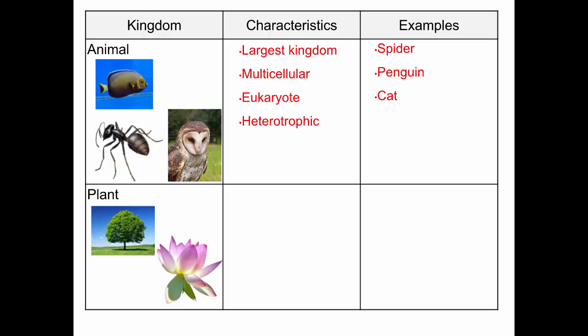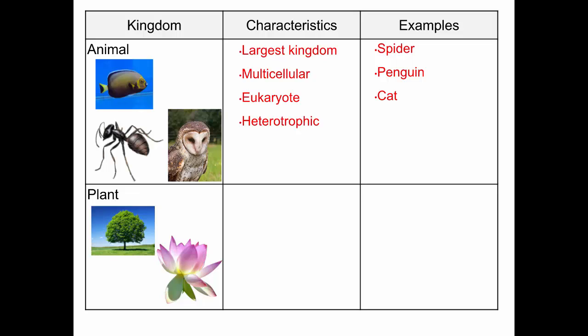Plants. I bet you can name these three characteristics for plants as well. So unicellular or multicellular? Multi. Eukaryote or prokaryote? When we looked at plant cells, is there a nucleus? Yes. So what's the word for that? U rhymes with do. They do have a nucleus. They're eukaryotes. Autotroph or heterotroph? These are plants.